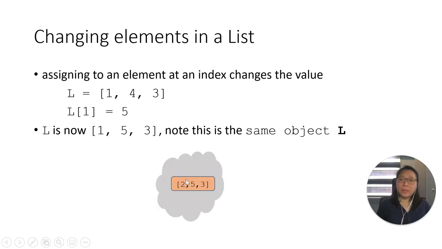Take note that it is the same object that L is bound to. When we assign 5 to the second element, or to index 1, the 5 just changes this element in the list, but it is the same list object.